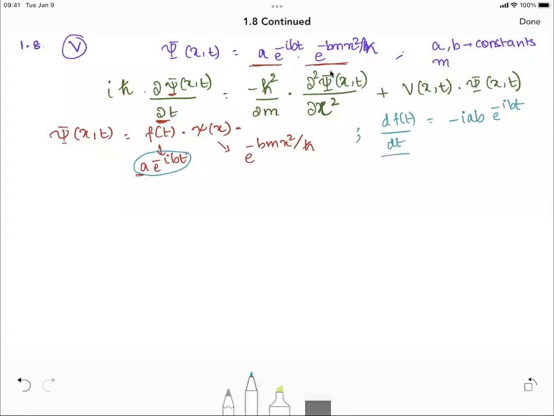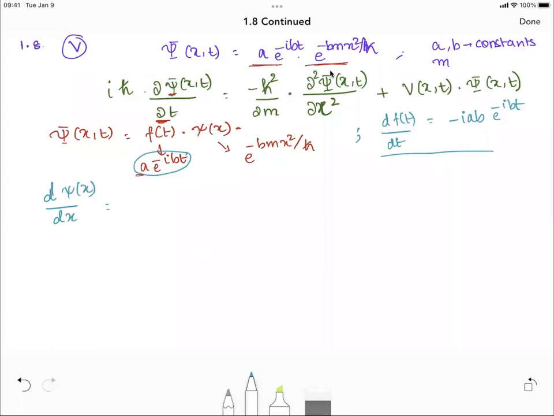Now that we have the first derivative with respect to time taken, let's work with the second derivative of the x coordinate function. Before we go to the second derivative, why don't we just do the first derivative?